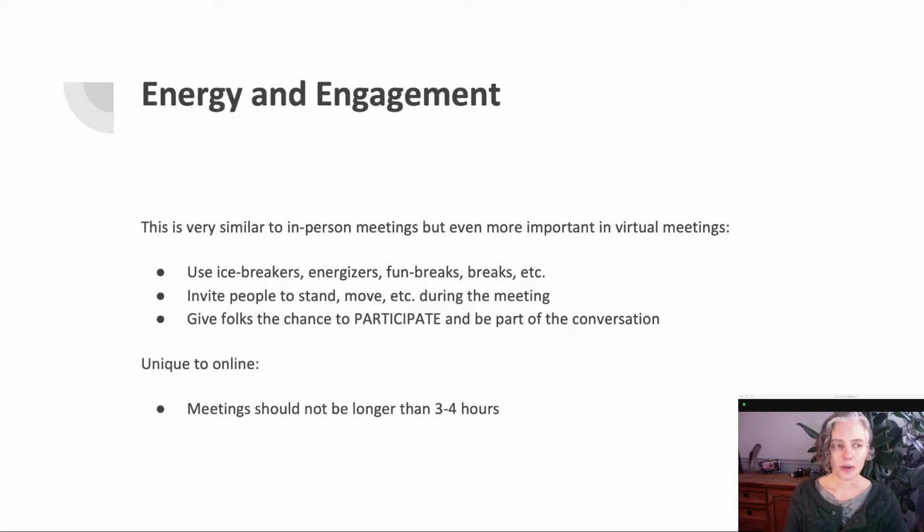I had some questions from the workshop group when I did this the first time about how to keep energy and engagement up. I think that's been woven throughout the meeting, as I said, using all of these: the polls, the breakout groups, the chats, the reactions, mixing up the formats. These are all good ways to keep the energy and engagement up during your meeting.